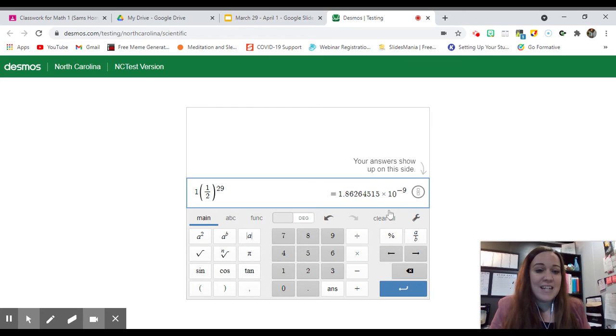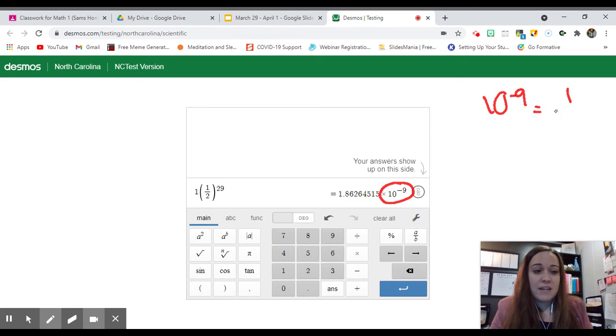Anytime that you see times 10 to an exponent, that's written in what is called scientific notation. So that's going to take us back just a little bit into remembering our exponent laws. So 10 to the negative 9th power is really saying that we're dividing by 10 9 times. So this particular number being 1.86, I'm going to round it there just for the purpose of this video.